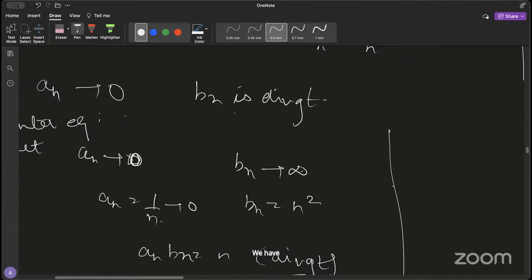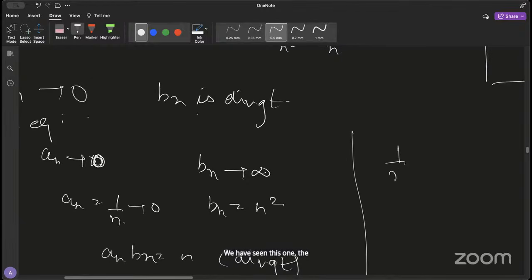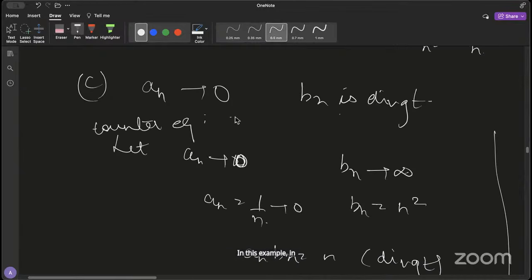We have seen the previous example where we took 1 by n square, and n, was an example where this is going to 0, this is divergent, but the product is converging. That means in this case too, you can't predict.